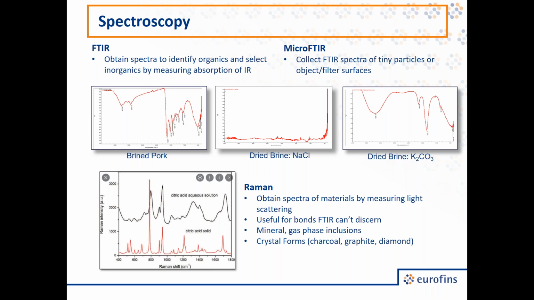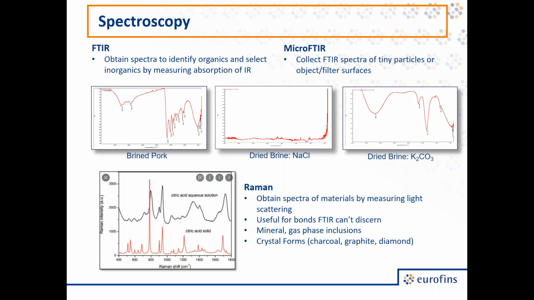Infrared analysis can be used for not just organic materials, but it can also give us information on many types of inorganic materials. The three panels running across the top are from one study where there were different parts of the residue. We could fish out little bits of solid material.